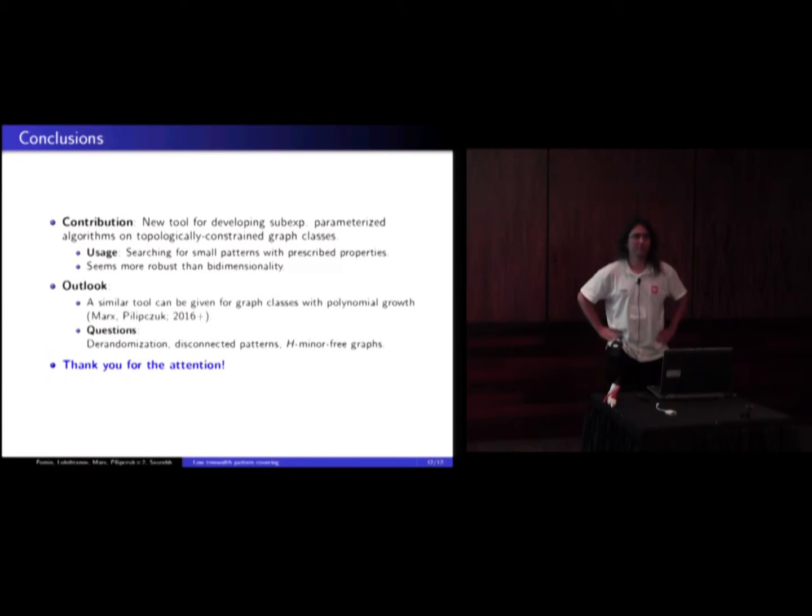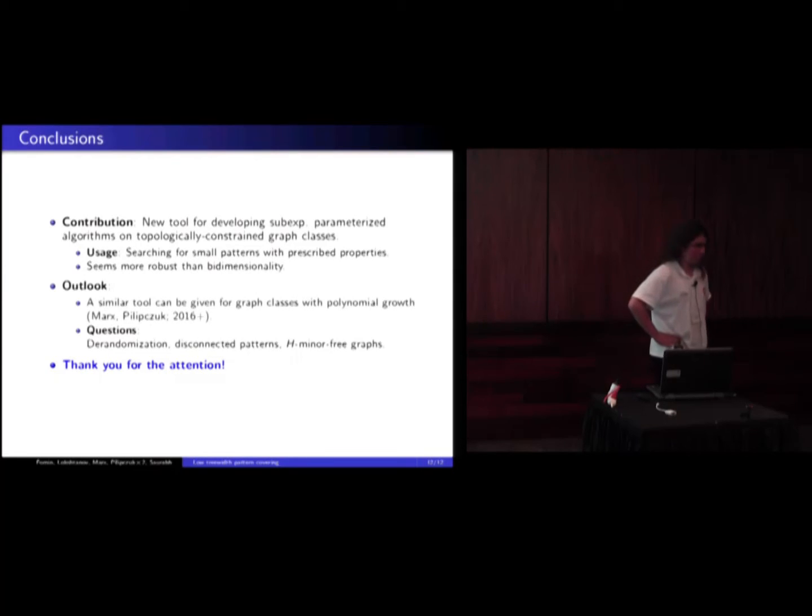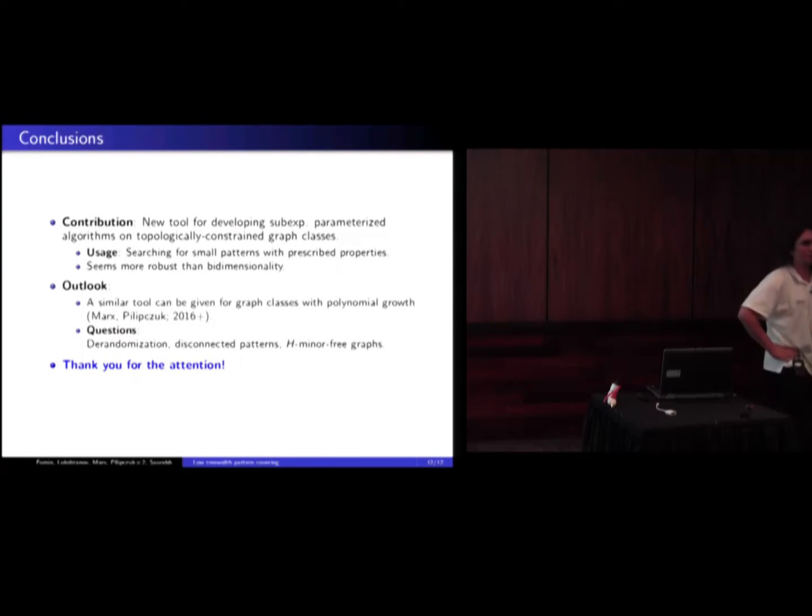Meaning, if you start with a clique, then you have n to the k connected patterns, being just all possible subsets of vertices. And I guess that there should be some simple argument saying that there is no FPT size family that covers all of them and achieves small tree width. Meaning the theorem as stated here cannot hold for general graphs.